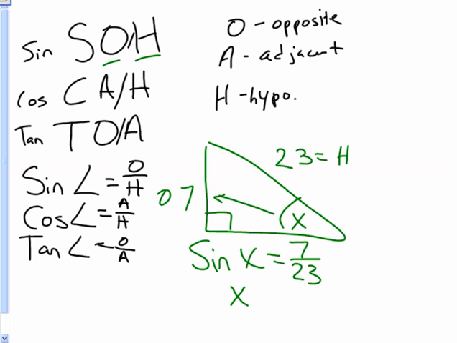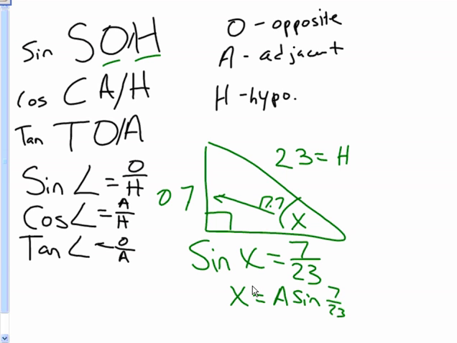If I want to know what x was before I took the sine, I do the arcsine of 7/23. So what's the arcsine of 7/23? So this angle is 17.7. Not hard? Makes sense?